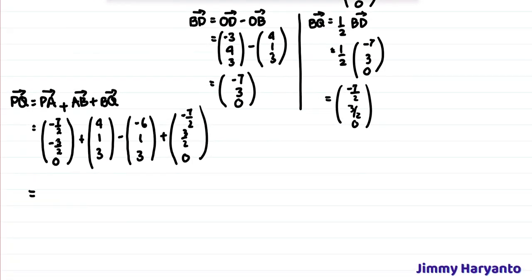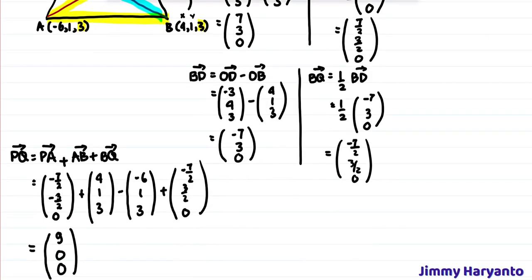And then we only have to calculate it all together. -7/2 plus -7/2 means -14/2, that is -7. -7 plus 10 is 3. And then -3/2 plus 3/2 equals 0, 1 minus 1 equals 0, and 3 minus 3 is 0, all of them are 0.